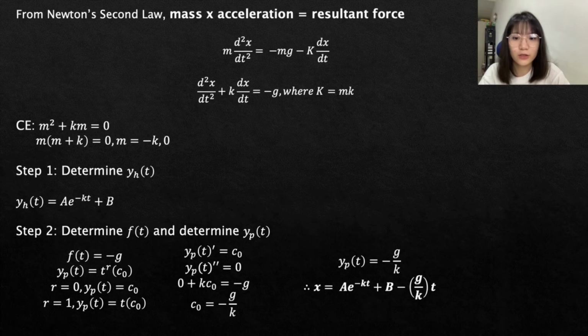After calculation, we get C0 equals negative g over k, and yP(t) will be negative g over k times t. After adding yH and yP together, we get x equals A e to the power negative kt plus B minus g over k times t.